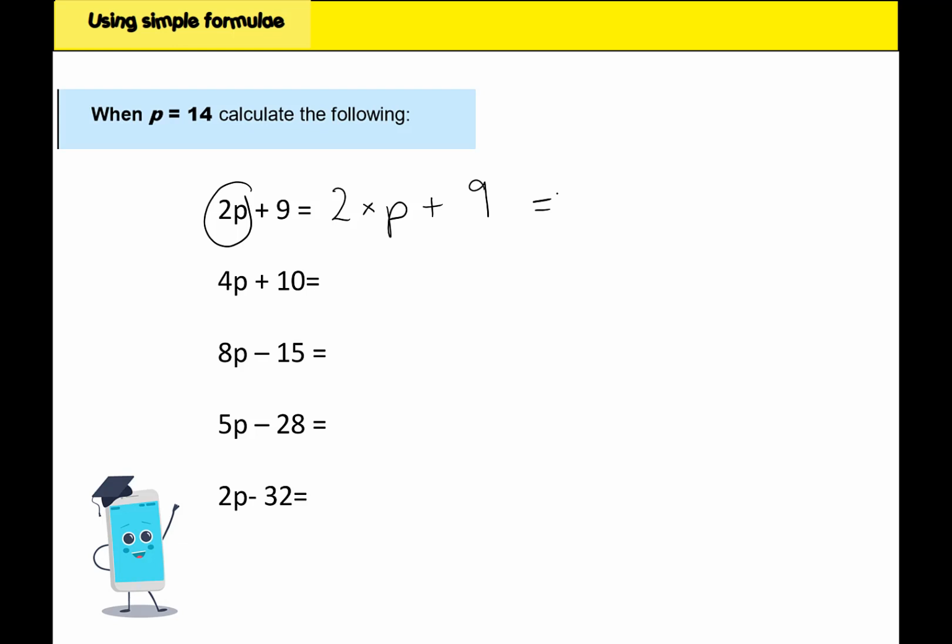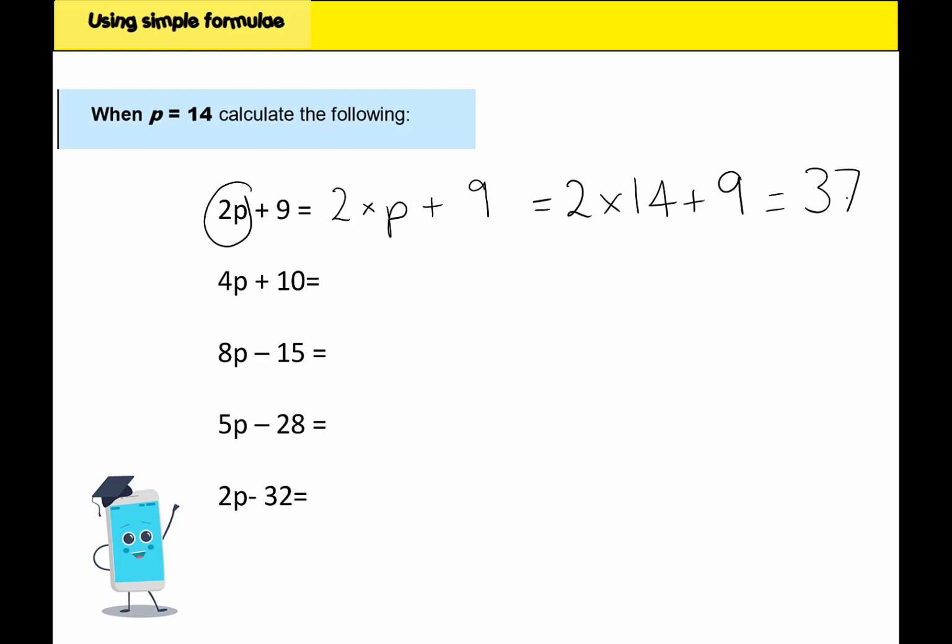Now remember, P equals 14, so we're going to substitute our P for 14. So what I'm actually needing to do is 2 multiplied by 14 and then add 9. 2 times 14 is 28. And if I add 9 to it, I have 37.